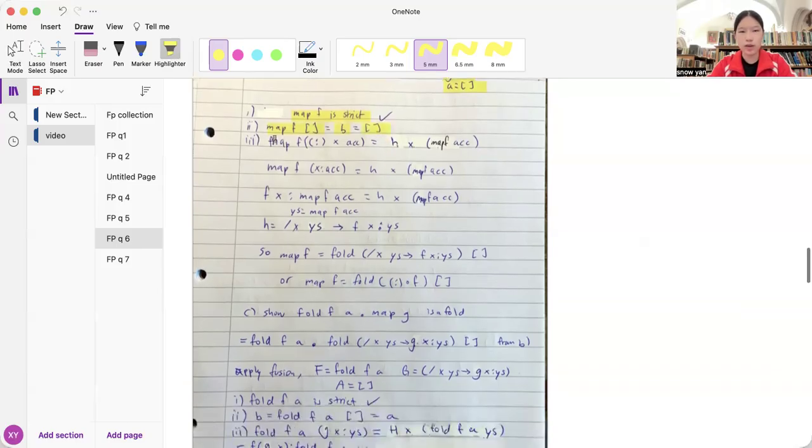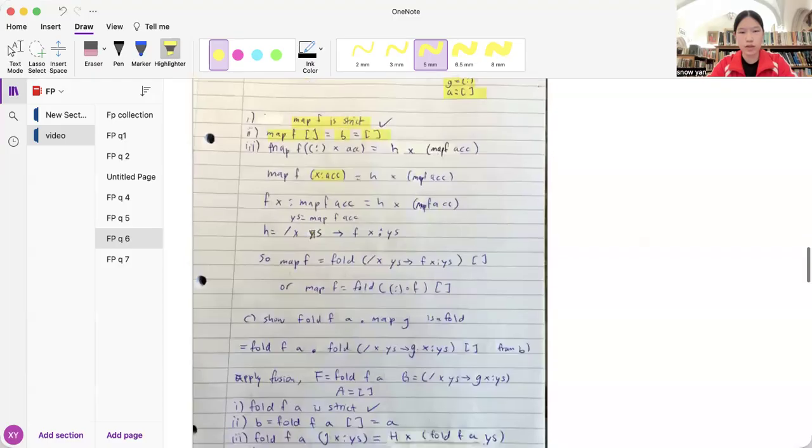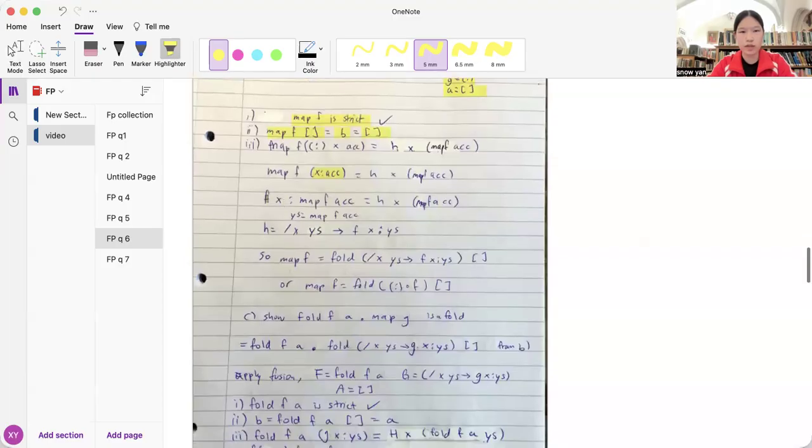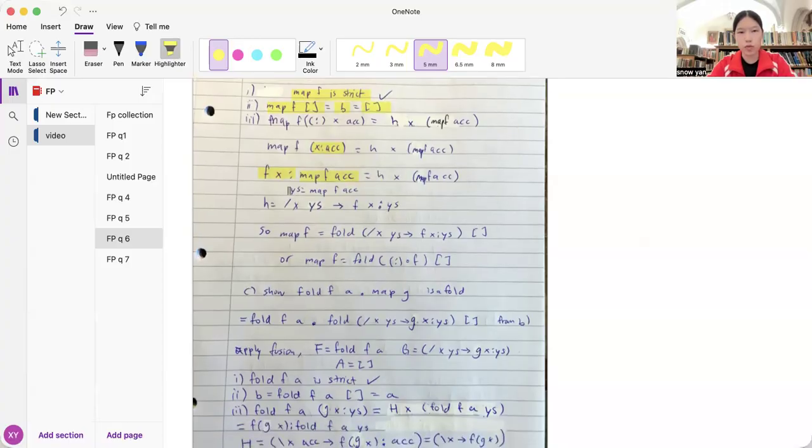And then finally, map f of cons of x and xs is h of x of map f xs. We simplify it a bit: we put in the cons properly, keep the right-hand side the same, and continue on the left-hand side by applying f to the first element x, and then we have the remainder. We're just going to call our ys to be map f of xs.